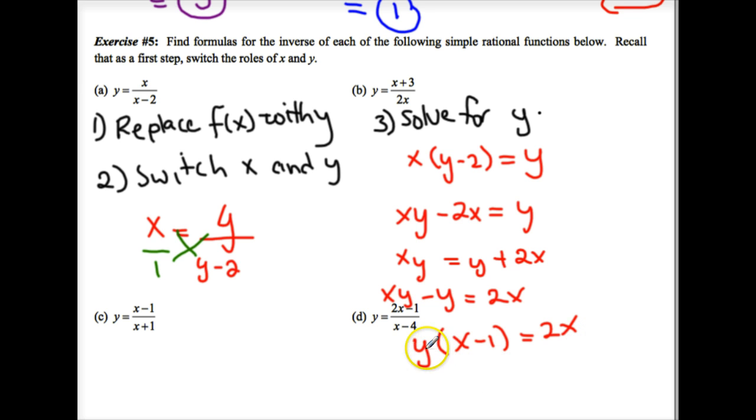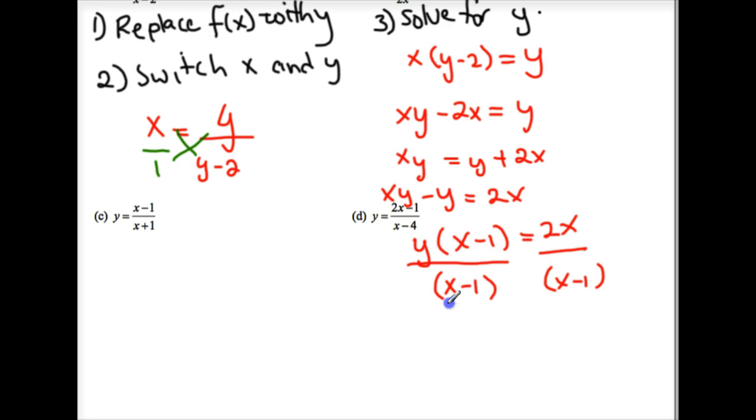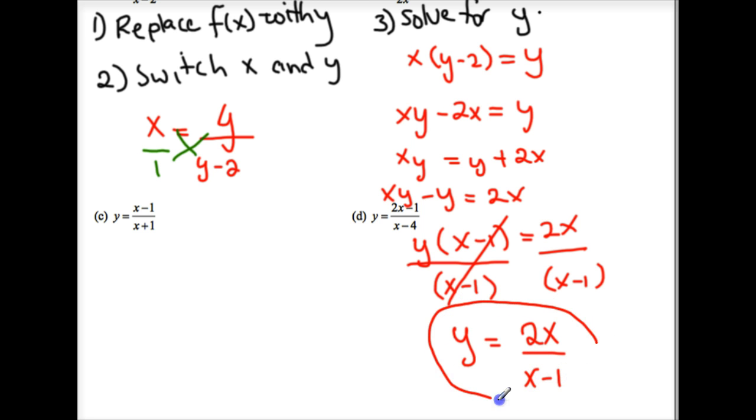And then remember, this is multiplying, so I want to do the inverse, which is dividing by x minus 1 on both sides. That's my inverse. When I do that, this cancels, and I'm left with y is equal to 2x over x minus 1. And this is my inverse.